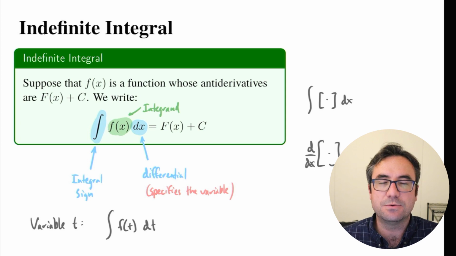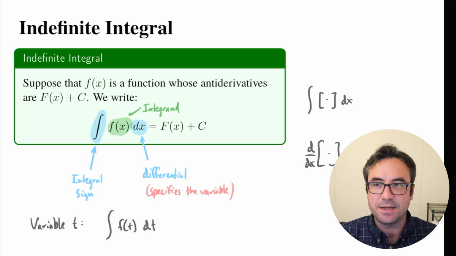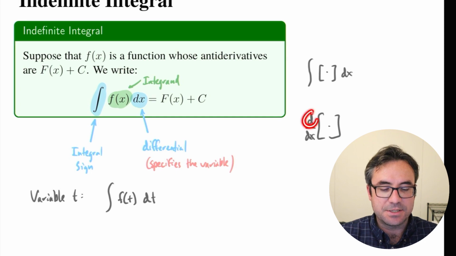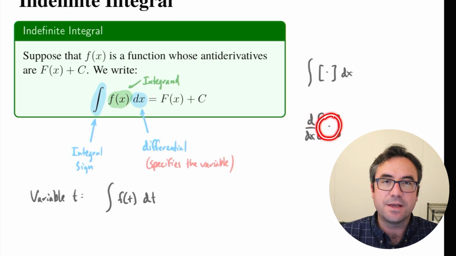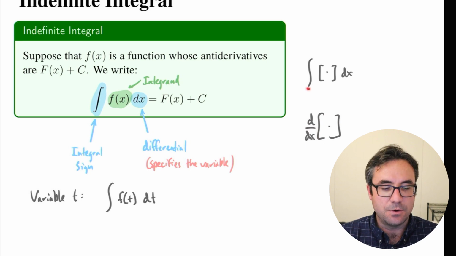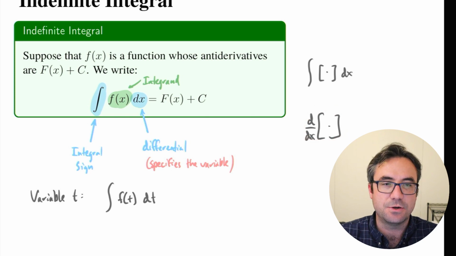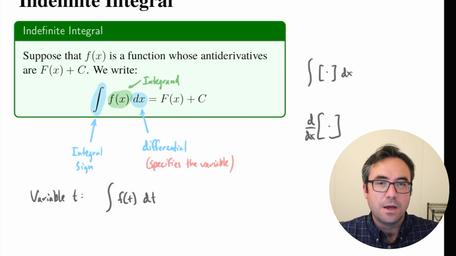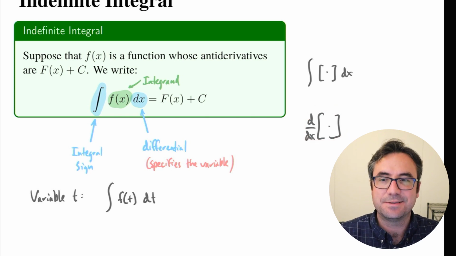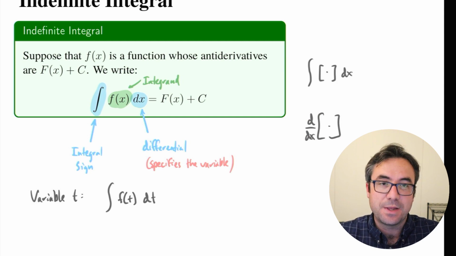Sometimes we use this d dx notation for derivatives, and what this tells us is to differentiate everything inside here with respect to x. So we have our antiderivative notation and we have our differentiation notation.